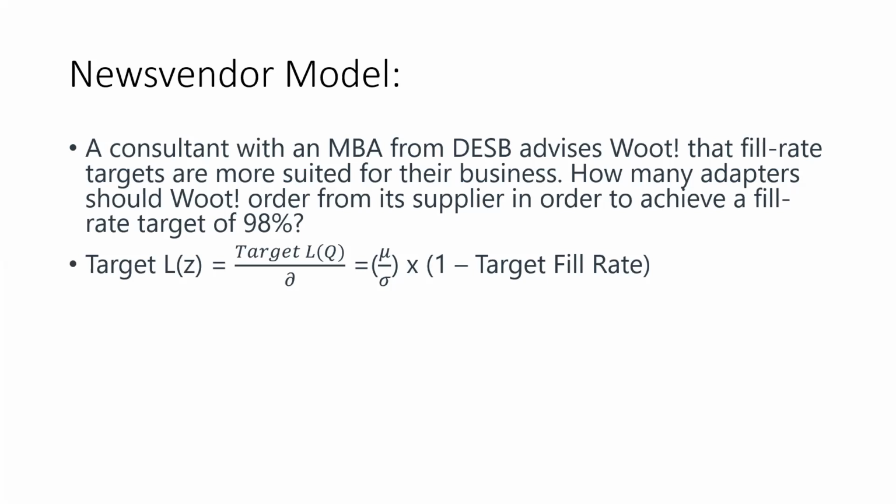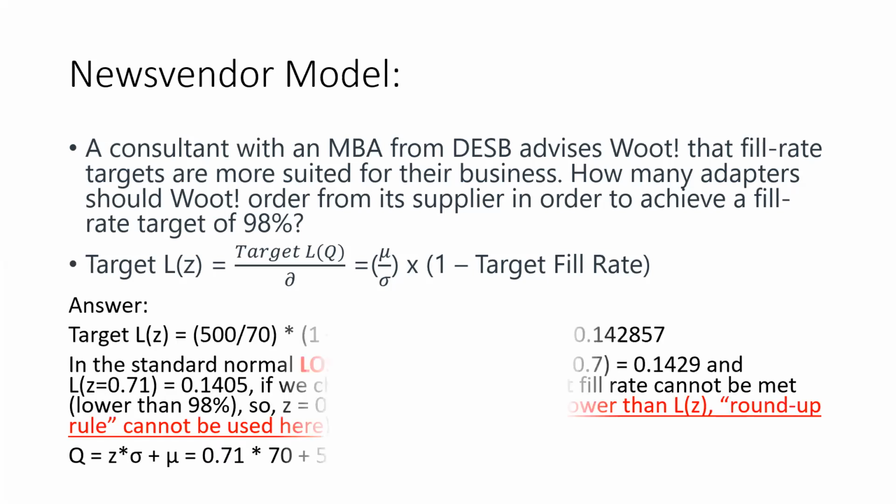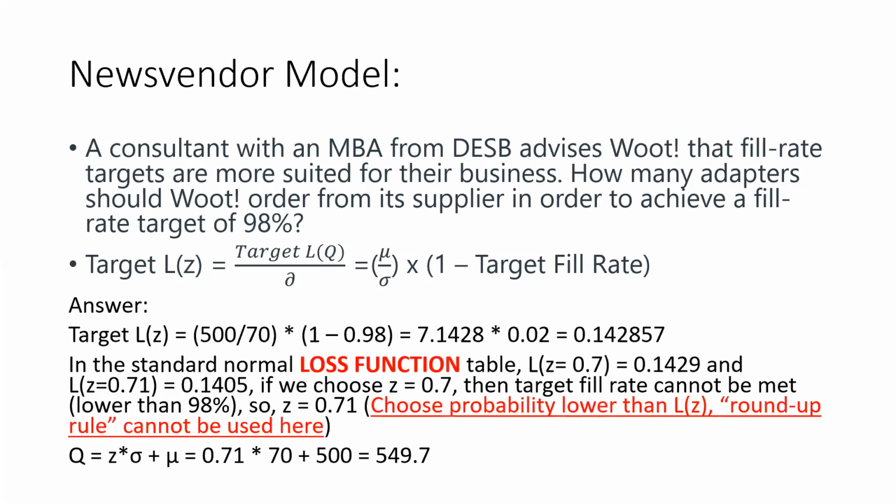Your target fail rate is 98%, and you already know your mu and the sigma because it's a normal distribution. Then figure out L of Z.